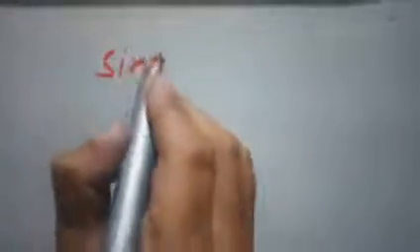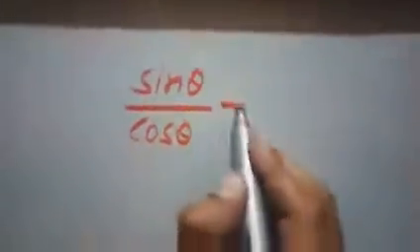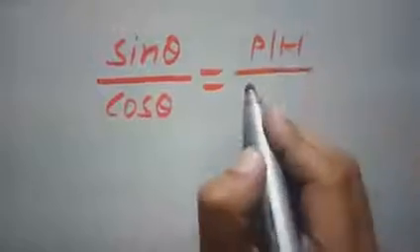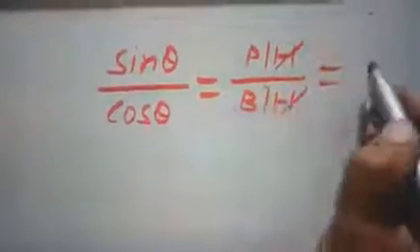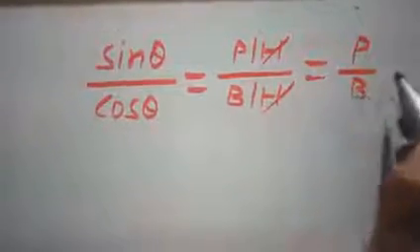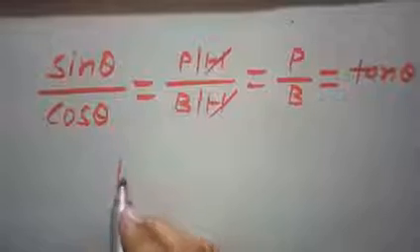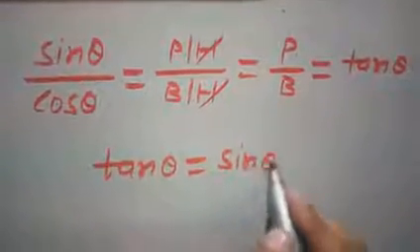Now if sin theta is divided by cos theta, that is perpendicular upon hypotenuse divided by base upon hypotenuse. The hypotenuse cancels, so perpendicular upon base, and we know that perpendicular upon base is tan theta. So we can write tan theta is equal to sin theta upon cos theta.